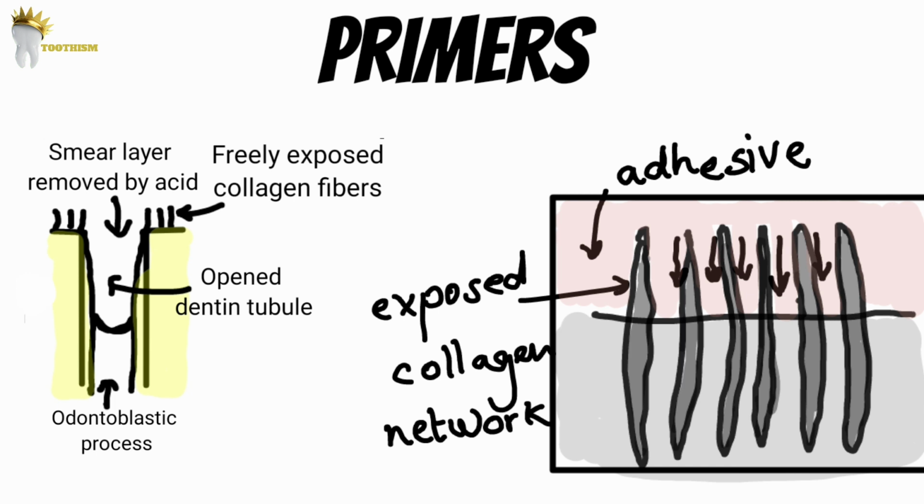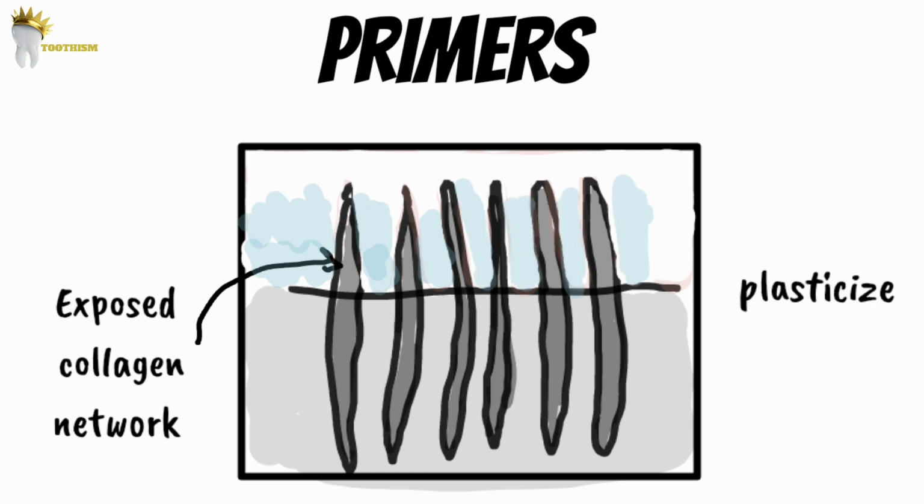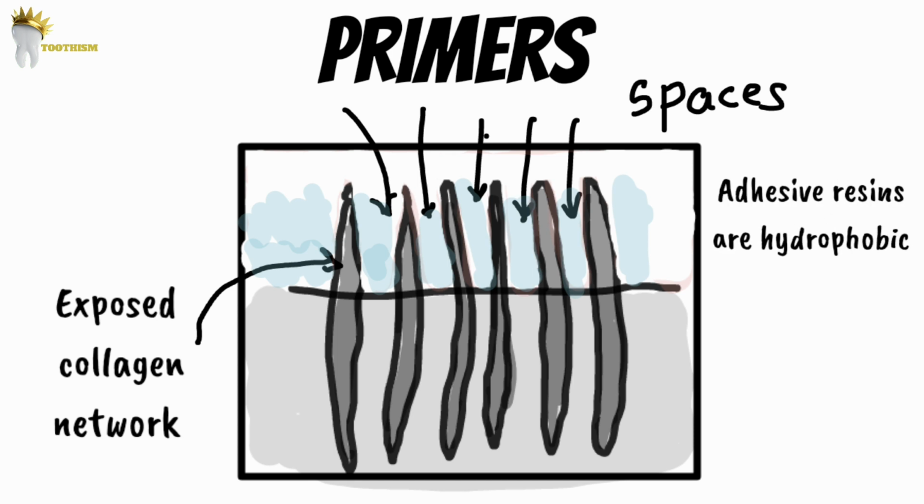This exposes the collagen fibers. Areas from where minerals are removed are filled with water. This water acts as a plasticizer for collagen, keeping them in an expanded state. In this way, spaces for resin infiltration are also preserved, but the adhesive resins are hydrophobic.